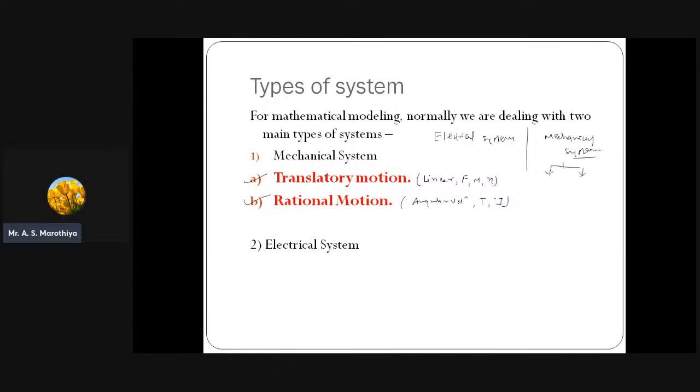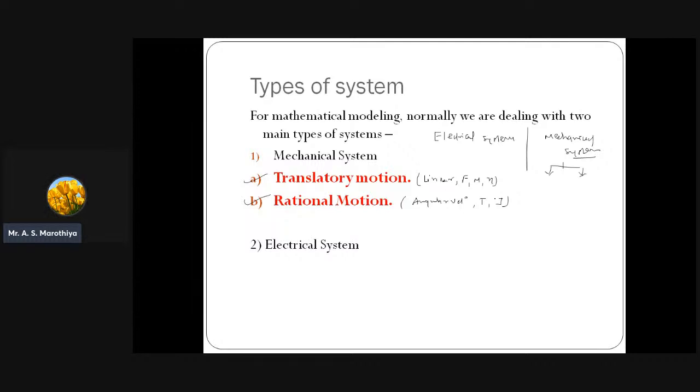So based on the kind of physical system we have, we can bifurcate the types of system into two domains. The first is electrical and the second is mechanical. And then in mechanical, again, we have two more bifurcations. If we are dealing with linear motion, then we are dealing with translatory motion type mechanical system.